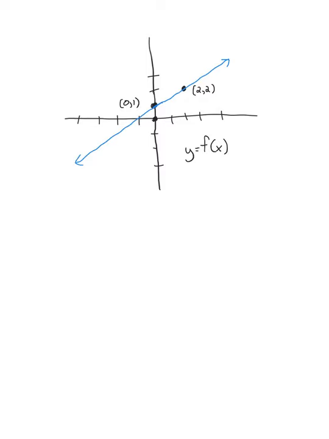So let's see if we can figure out what's happening qualitatively and then translate it into an expression mathematically. So let's pick another point on our line here. And I'll tell you that this point is 1, 3/2.